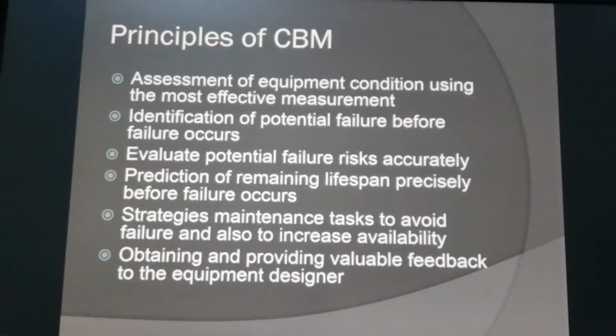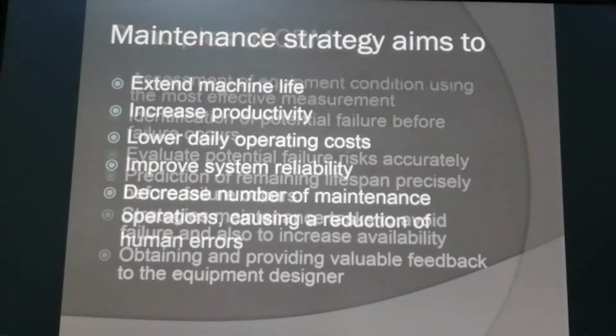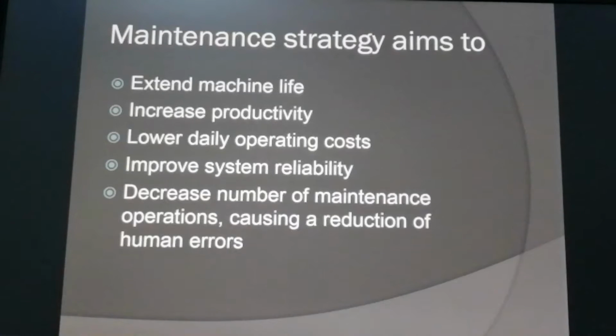Strategize maintenance tasks to avoid failure and also to increase availability. It also involves obtaining and providing valuable feedback to the equipment designer. CBM strategy aims to extend machine life, increase productivity, lower daily operating costs, improve system reliability, and decrease the number of maintenance operations, causing a reduction of human error.